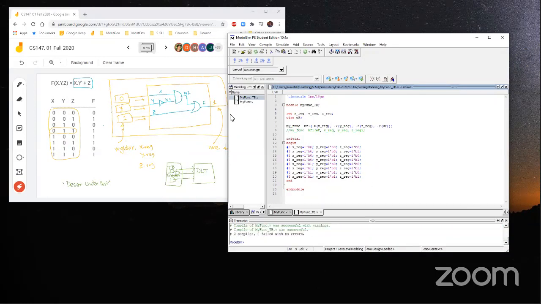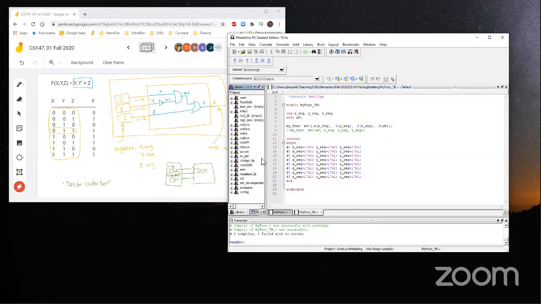Okay, that's good. So we did that. Now let's see if we can run it. So to run it, we go to the library tab, open up the work, and open the myfunc.tv.